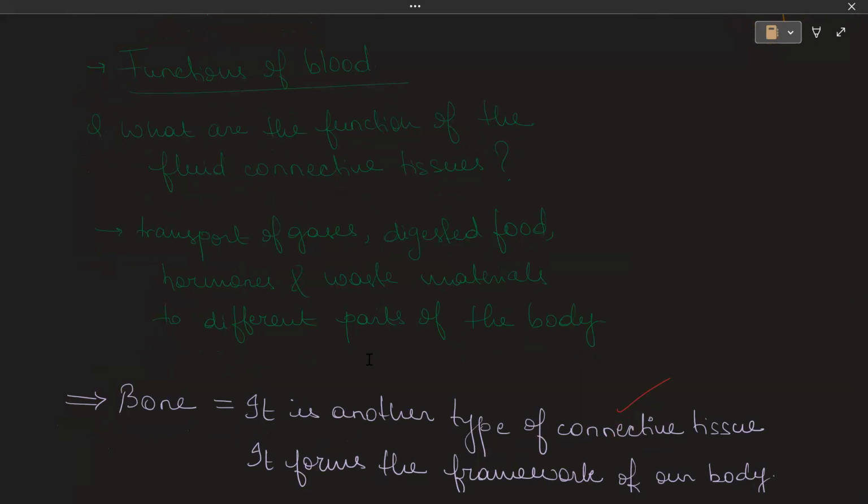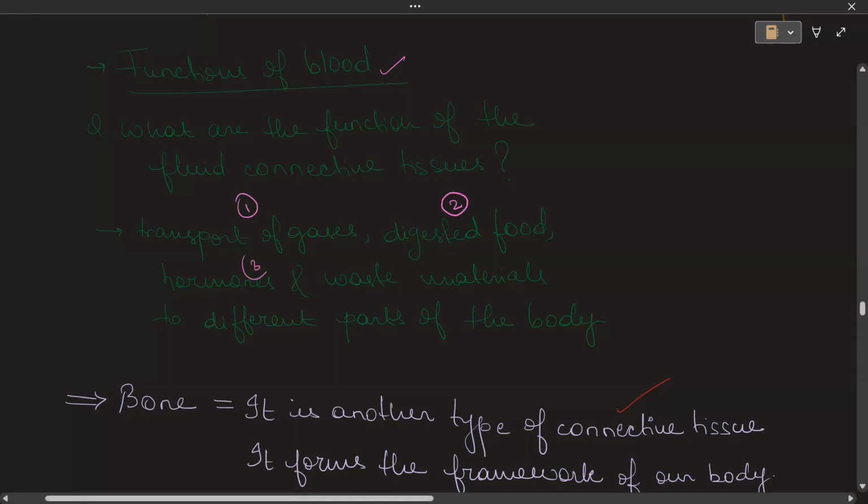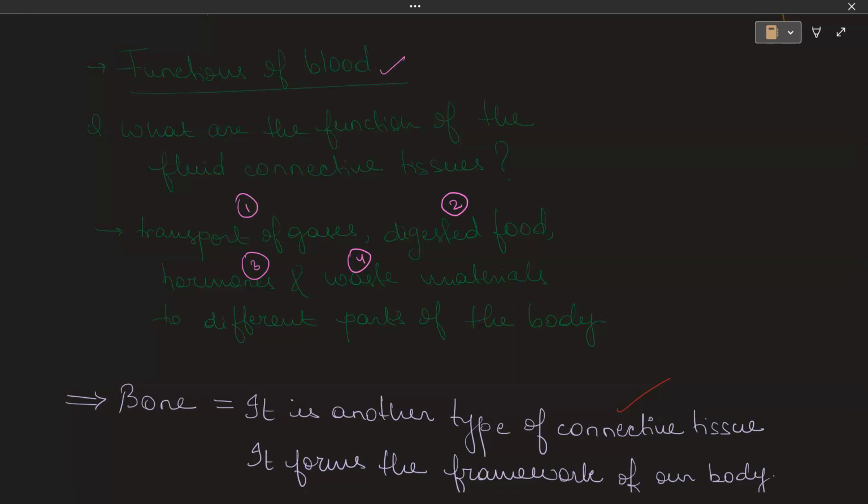Now, the transport of gases, the transport of digested food and hormones and waste materials to the different parts of the body, that is done by the blood. So what is the function of blood? You can say that transport of gases, transport of digested food, transport of hormones, transport of waste materials to the different parts of the body. That is the function of blood.